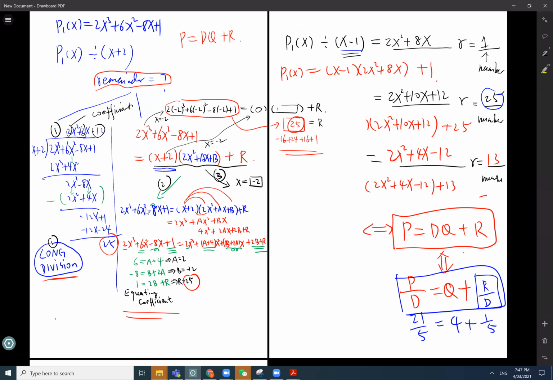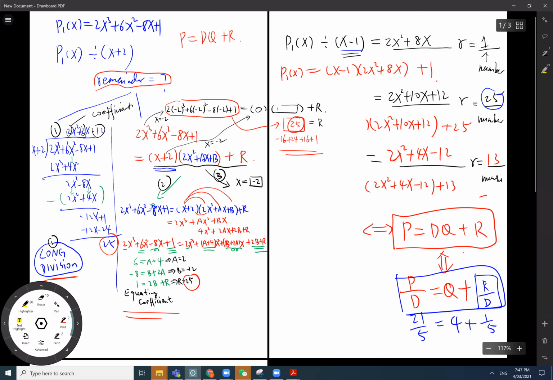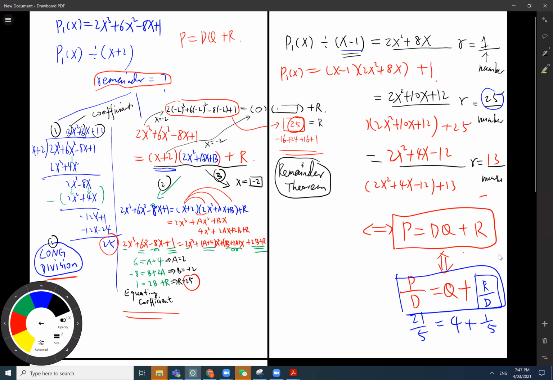What's the name for this one? Oh, this method is called the remainder theorem. Timon made a good name.